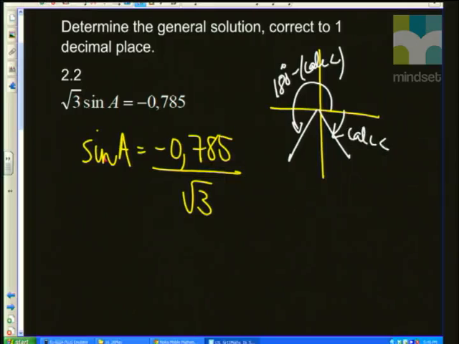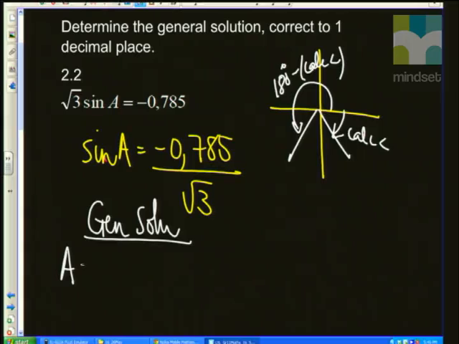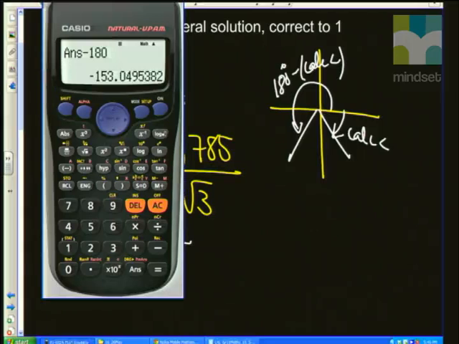Okay, so the general solution will be the calculator angle, A equals, let's go and find it. Sine of negative 0.785, and I'm dividing it by root 3.